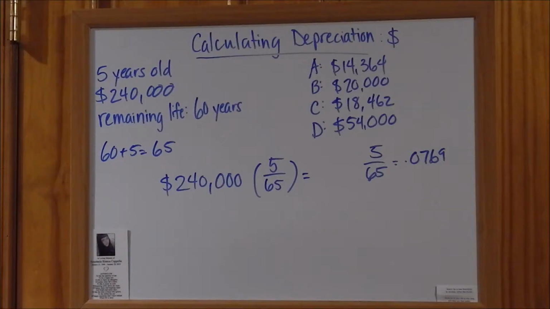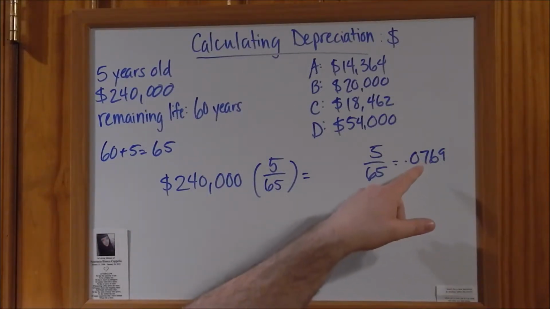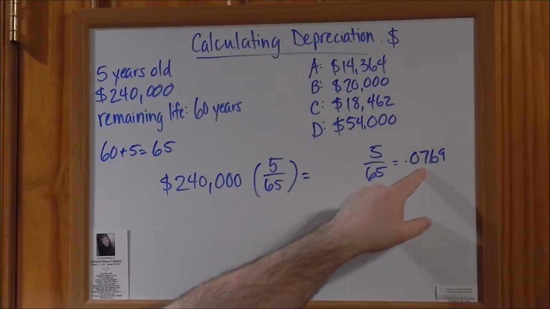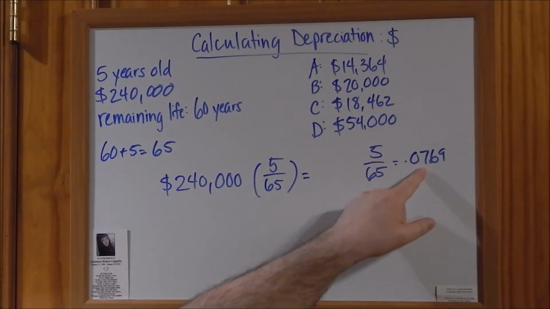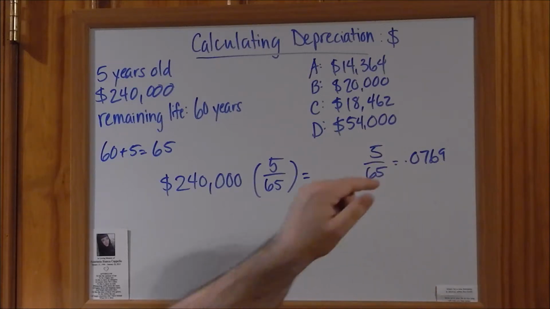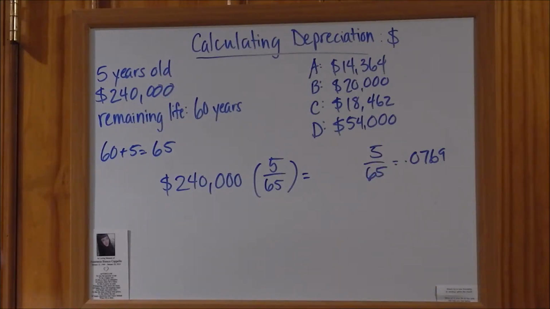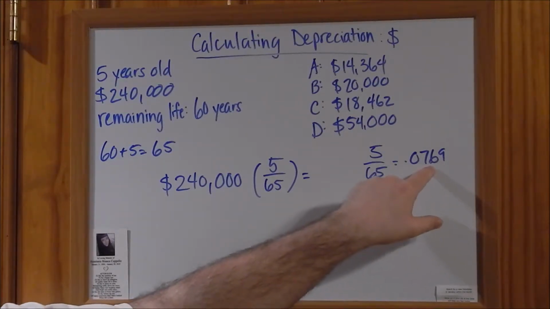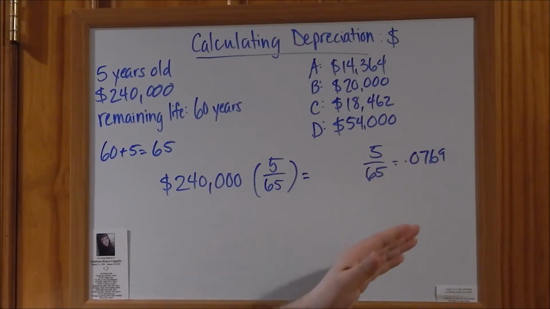I tried rounding it up to 0.08 and got a number that didn't match the answer listed in the book. I rounded it down to 0.07, and didn't get a close number either. I put 0.77, and I got pretty close. But what I realized is to go out to as many decimals as you possibly can.